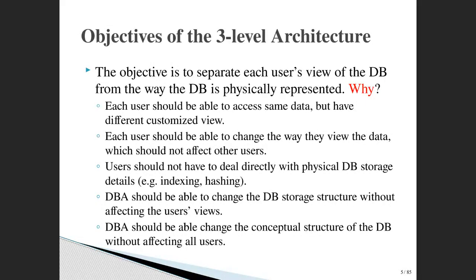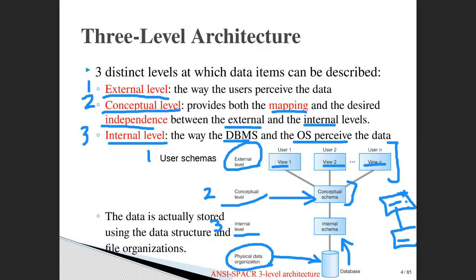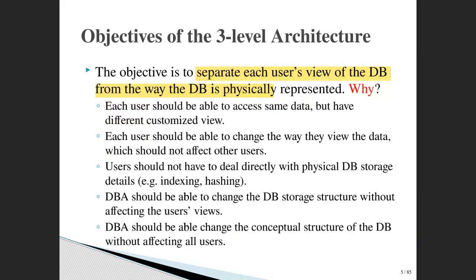So this is the main point of having three levels. All right, we need to see here why we need to have more than one separate user view from the physical representation of the database. Why? For what reason? Because there are so many reasons. Okay, this is the main point of having these three levels.